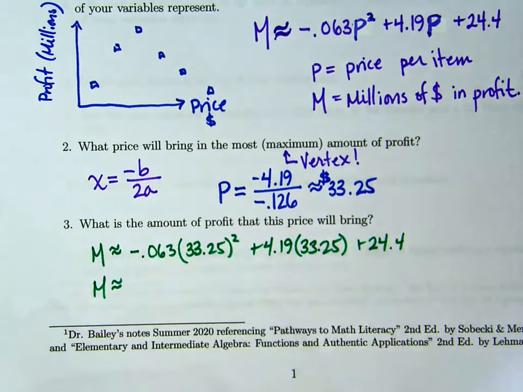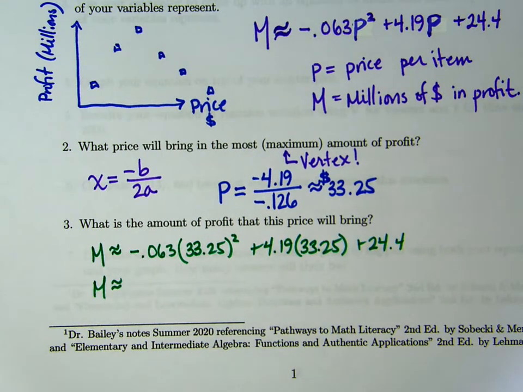So the millions coming in, let's do that. Negative 0.063 times 33.25 squared plus 4.19 times 33.25 plus 24.4.